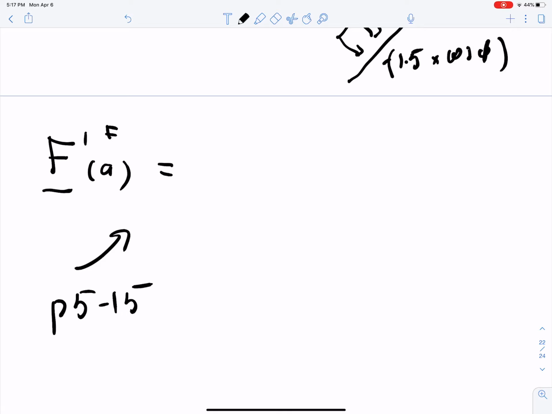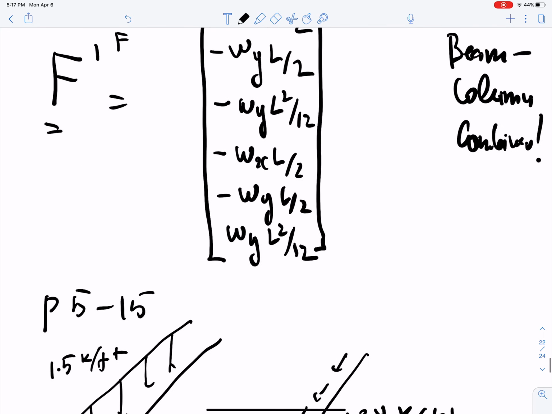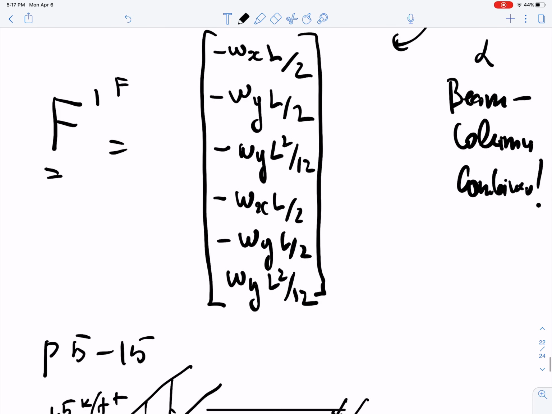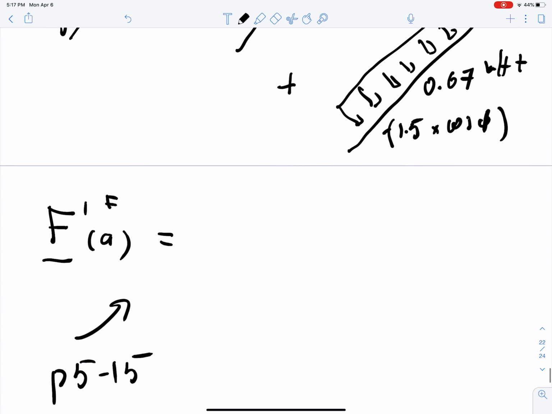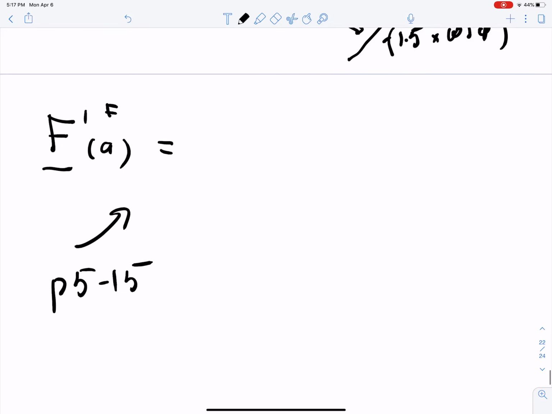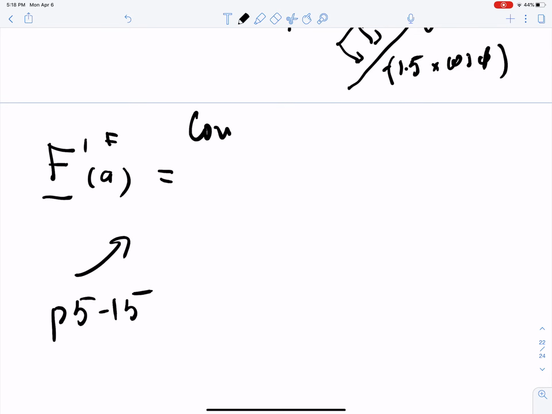We're applying the formula that we just developed for F prime F. Don't forget to convert from kilopounds per foot to inches, so you also need to convert feet to inches.